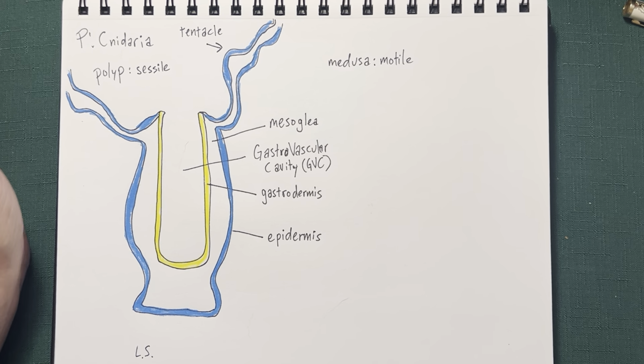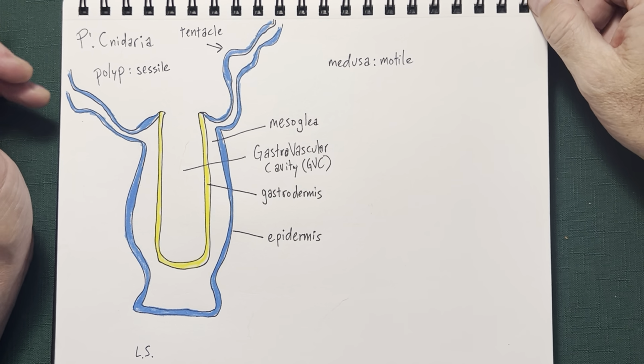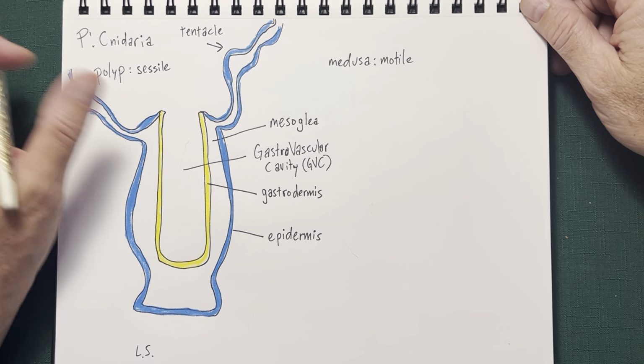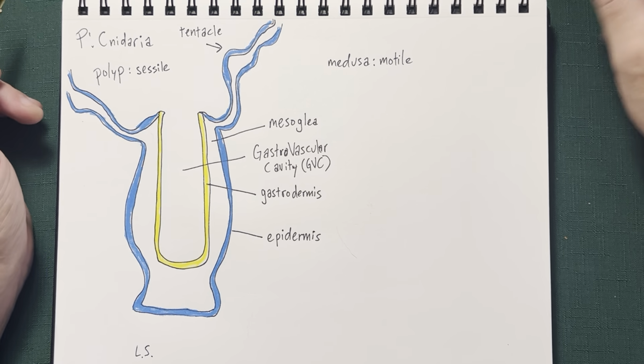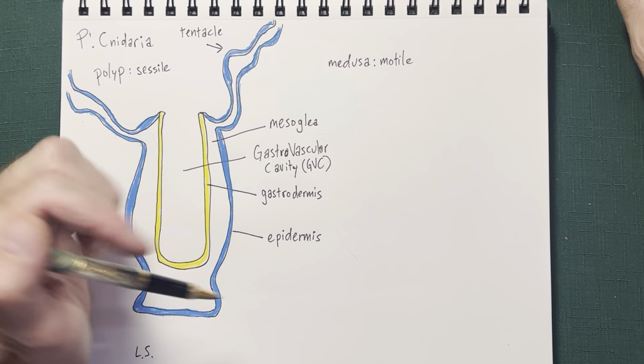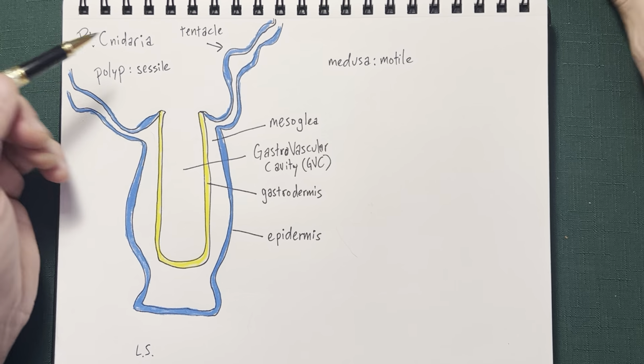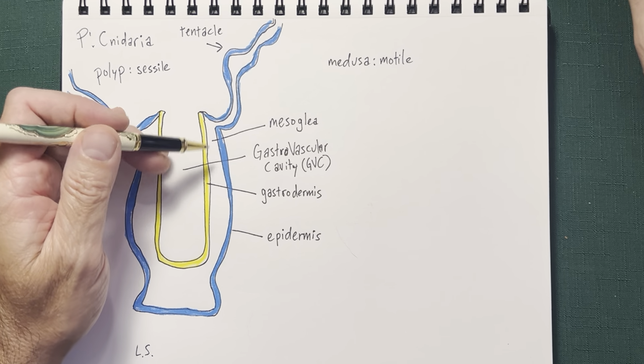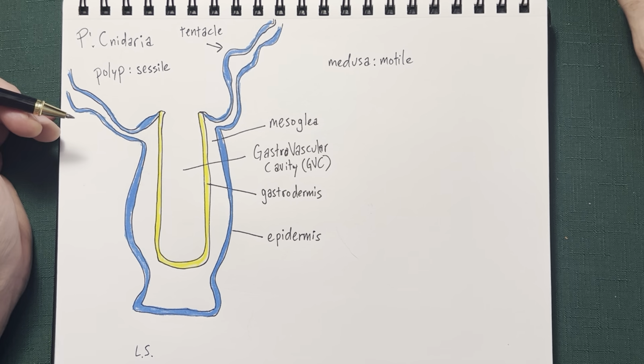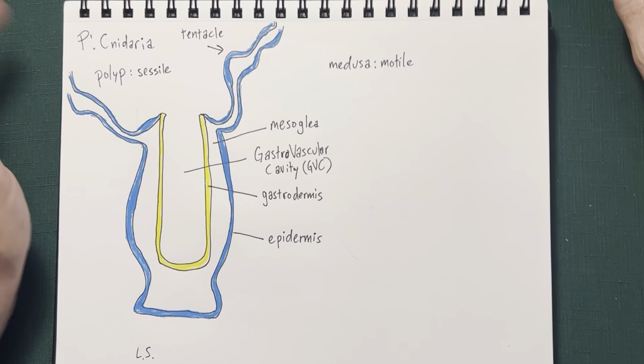So we've seen mesoderm in triploblastic animals. We've seen mesohyl in the sponges, and now we're seeing mesoglea. And in all of these cases, we're seeing that meso word root, which just means middle. So it's the stuff that's in between the outer and the inner part, okay?